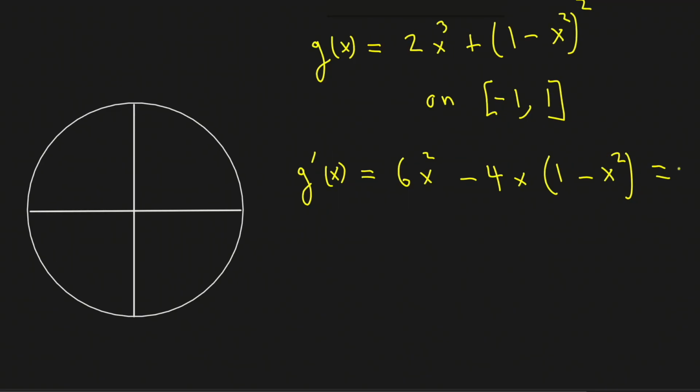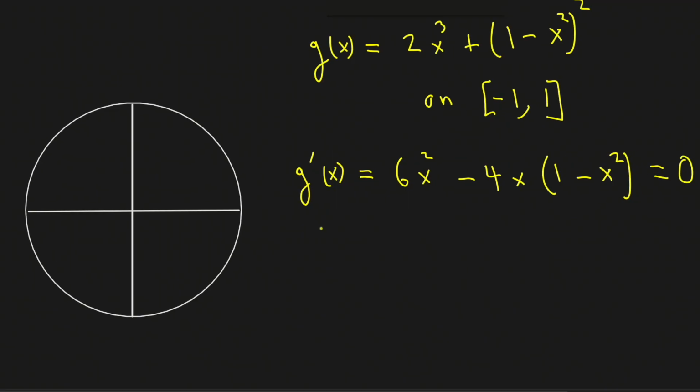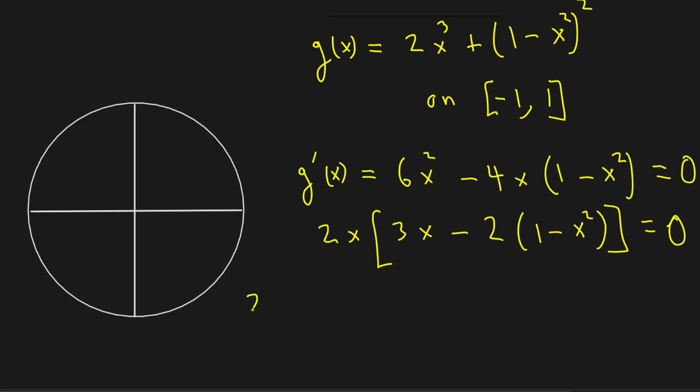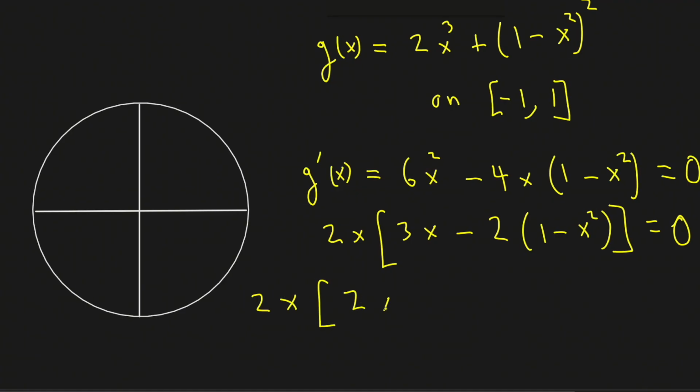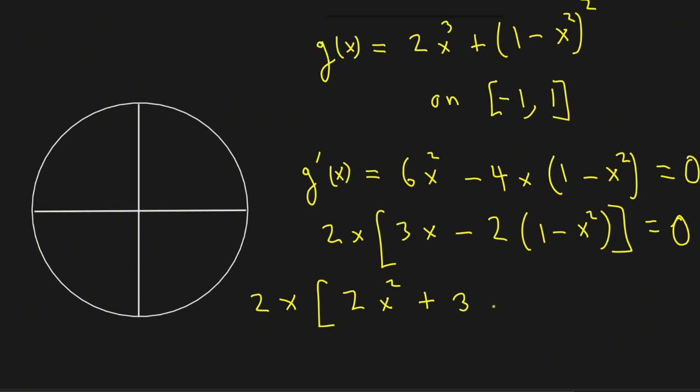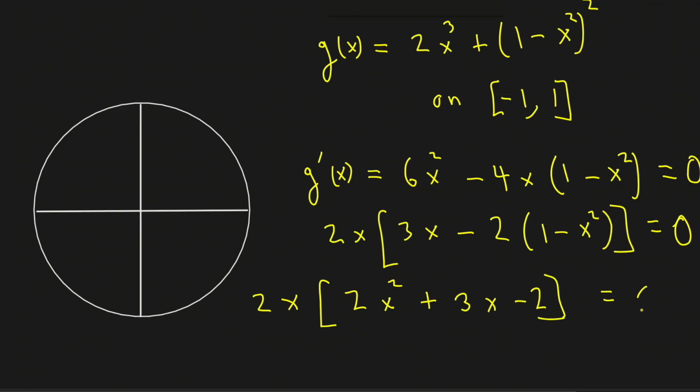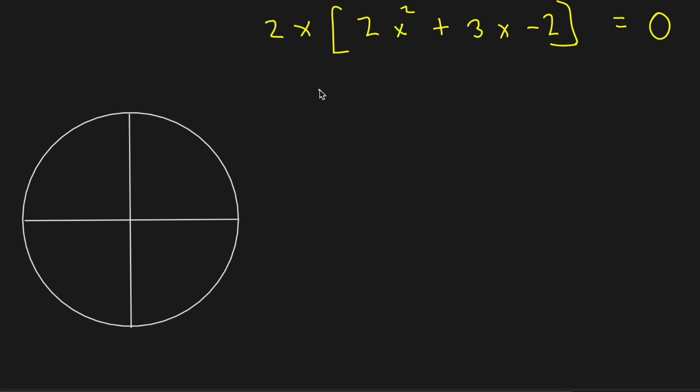And we set that equal to 0. There's a common factor of 2x, which we can factor out. So simplifying, we get 2x times (2x squared plus 3x minus 2). So this gives us so far that x is equal to 0, or 2x squared plus 3x minus 2 is equal to 0.